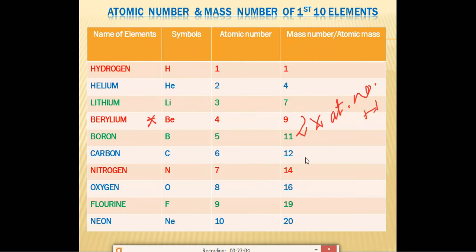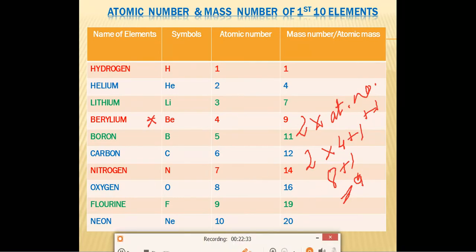What is the atomic number of beryllium? 4. So 2 into 4 plus 1. 4 twos are 8, plus 1 is 9. So 9 is the atomic mass of beryllium. Though it has an even atomic number, the formula we use for beryllium is the one for odd atomic numbers, 2 into atomic number plus 1, so its atomic mass will be 9.